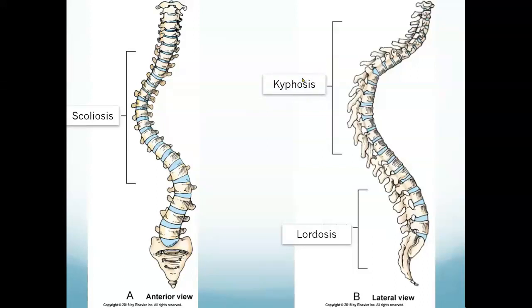So once again, kyphosis and lordosis. Kyphosis would be within the thoracic spine, and also the sacrum and coccyx. Lordosis would be in the lumbar region and also the cervical region. When we hear the term kyphosis, or that the patient is very kyphotic, it tends to be an older patient, someone who is hunched over.